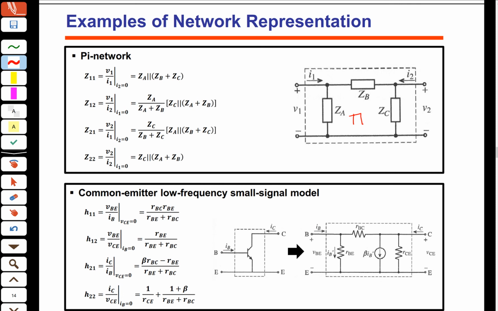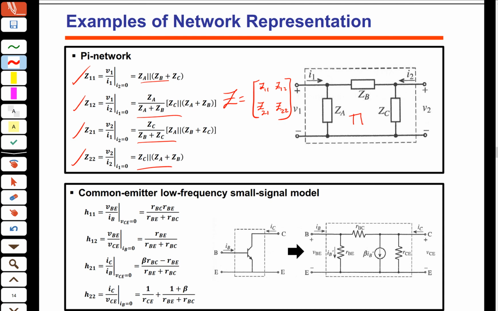I just find the values for Z11, Z12, Z21, and Z22, and then we have these values based on the definition, and I have a Z matrix equal to this. Okay, I don't know what's inside, but it has a Z matrix with these values, for example ZA parallel with ZB plus ZC, or the rest.